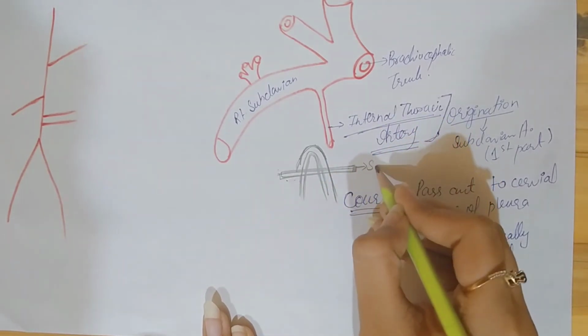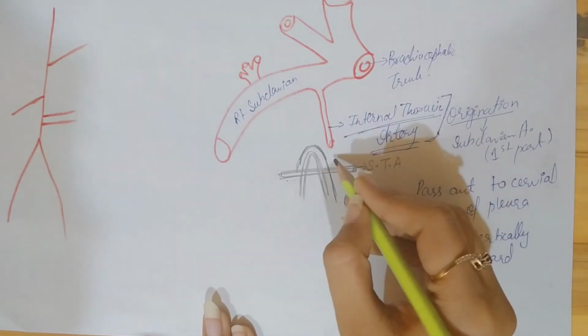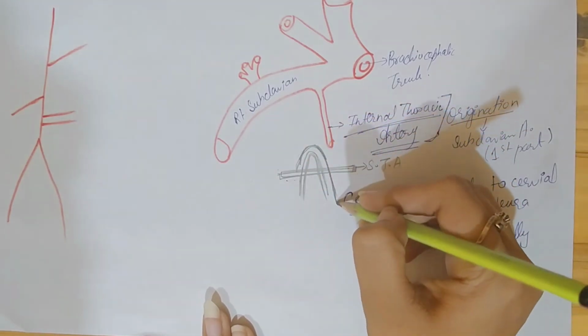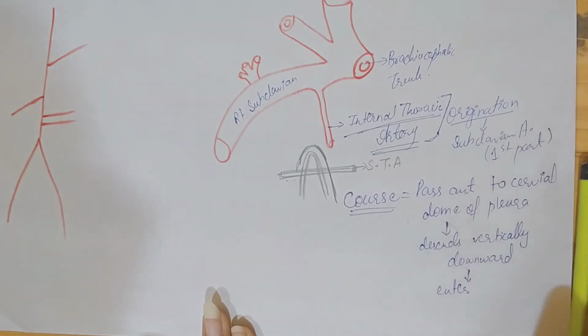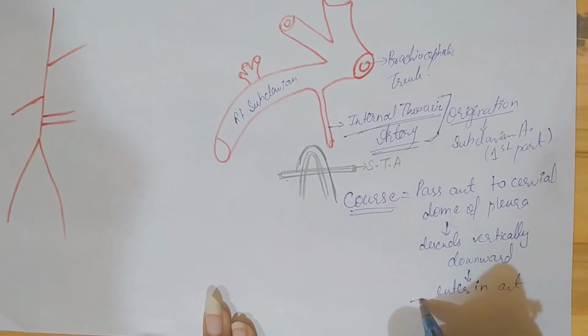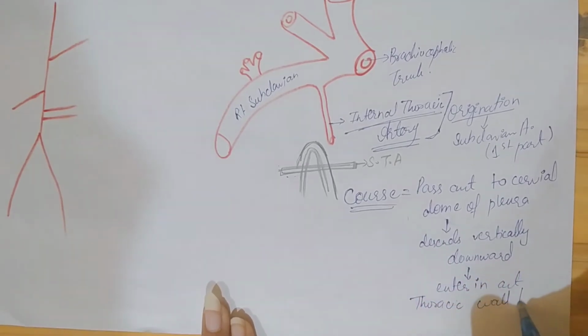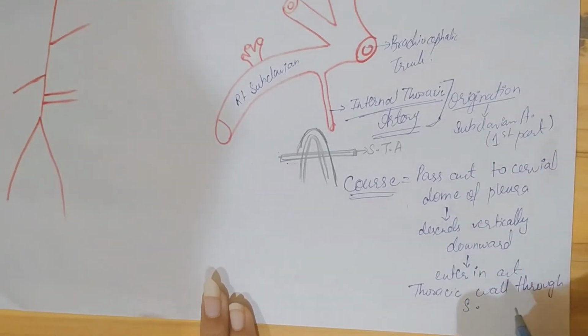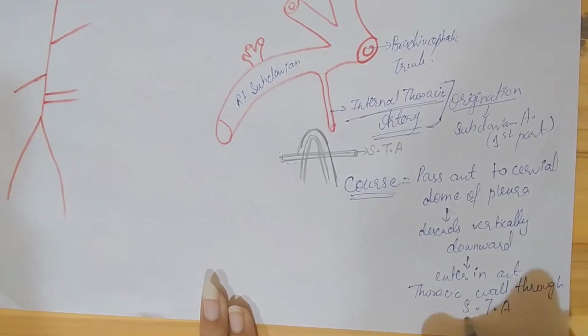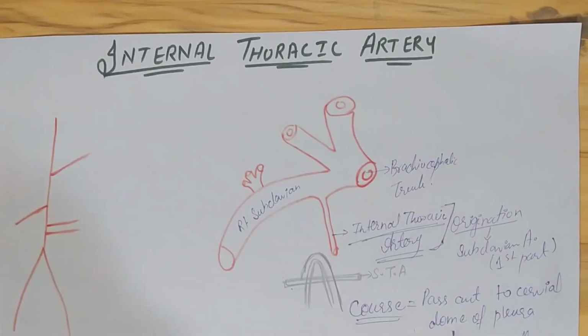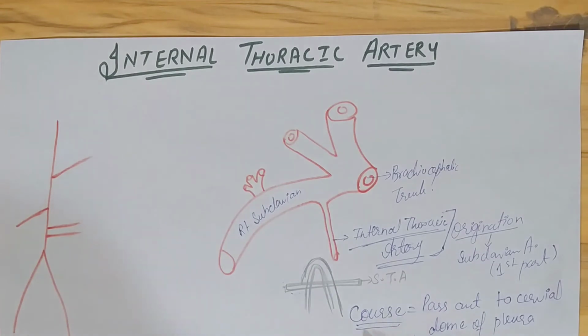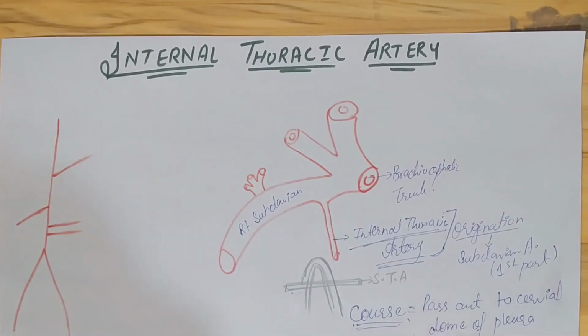This is the superior thoracic aperture from which it descends vertically downward and enters into the thoracic wall, anterior thoracic wall, through STA. It means superior thoracic aperture. Right? Then we just came upon the course of the internal thoracic artery.